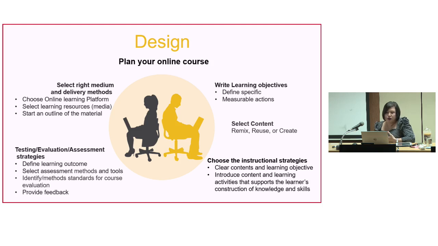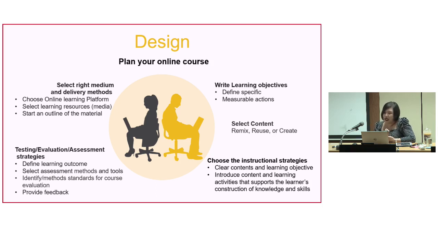And next, you have to start an outline of the material. So for the design step, you make a plan for your course. You list the planning for your course: the topics, learning objectives, content, technique, pedagogy, testing strategy, and media for your whole course.